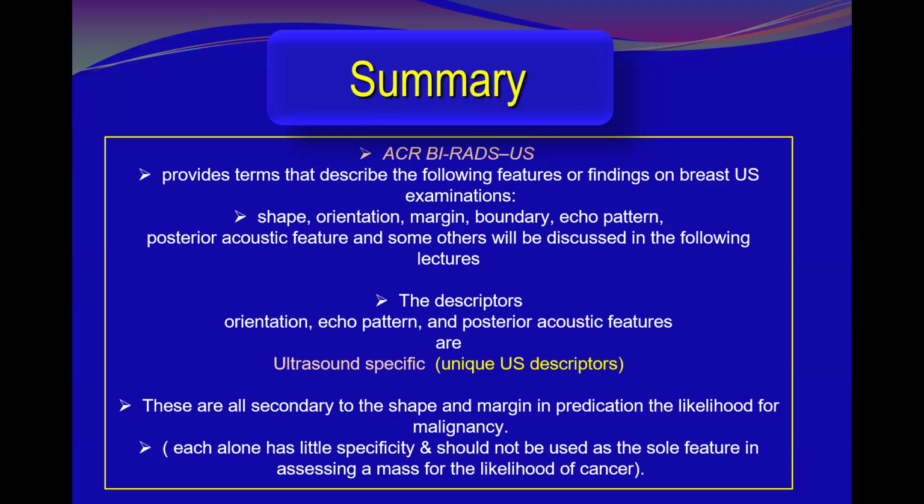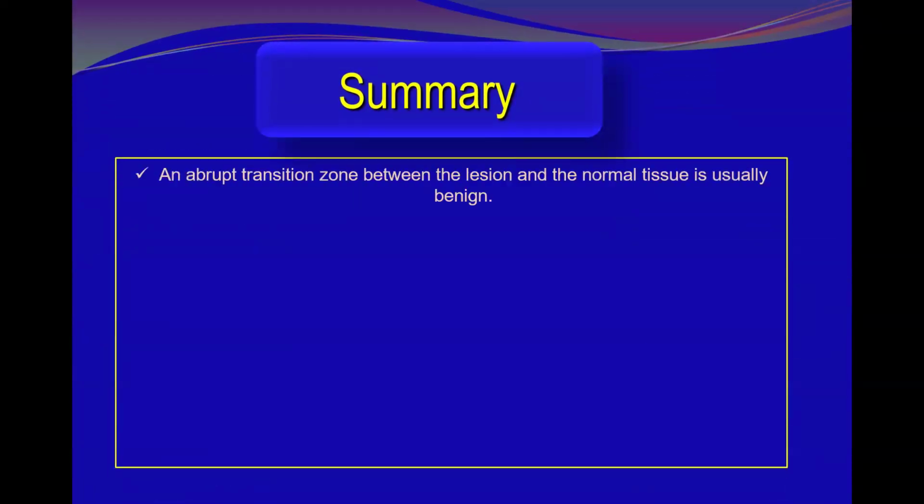We cannot depend on them, but we use them in combination with shape and margin. Each alone has little specificity and should not be used as a sole feature in assessing a mass for the likelihood of cancer.